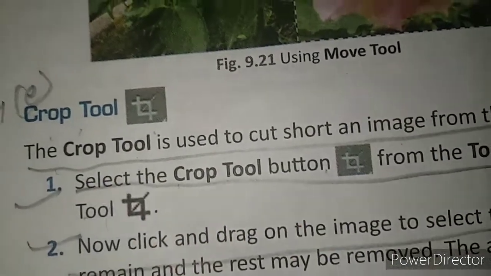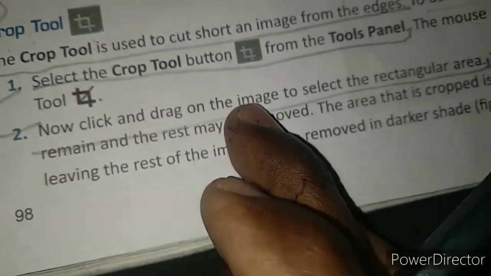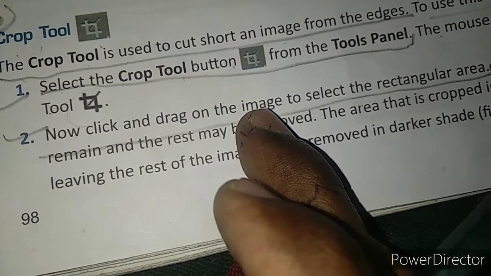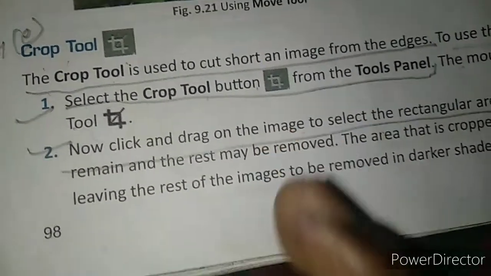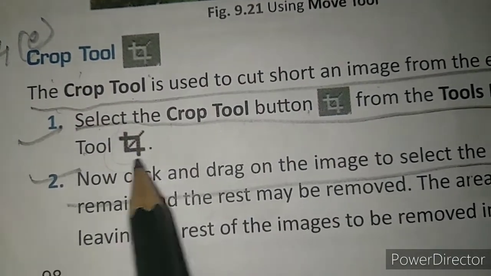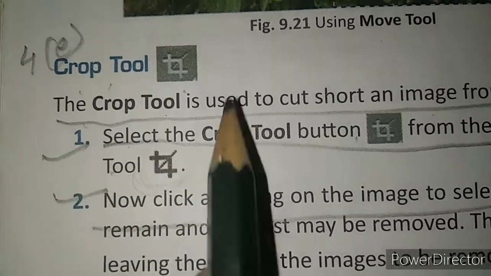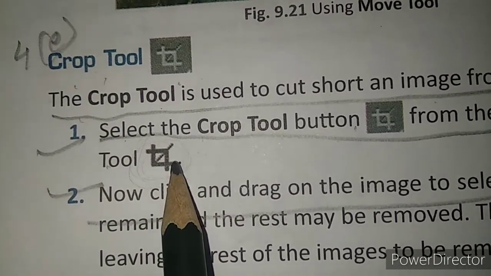It means in Photoshop generally, whichever tool you select, the shape of the pointer changes according to that tool. Here likewise, when you select the crop tool, the pointer gets converted into the crop tool shape.